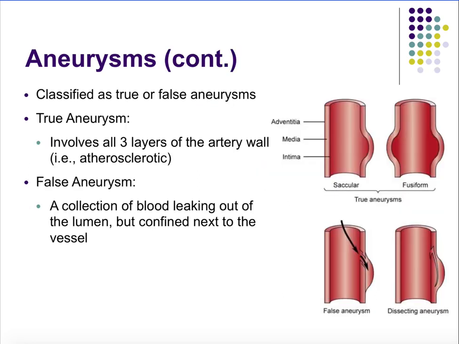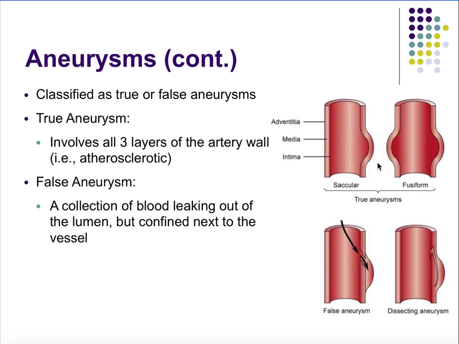Now, we can classify aneurysms several ways, and I just want to talk about two major ways, and those are true and false aneurysms. So in a true aneurysm, we're really saying that all three layers of your artery wall are involved. If you look over here, you see that the entire artery wall has dilated.